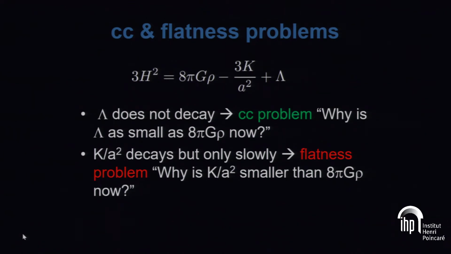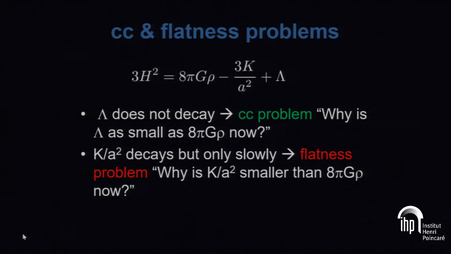Okay. If we can solve the cosmological constant problem, I mean, in the future, then the second most difficult problem is flatness problem. Because let's set this to be 0 for some reason. Okay. Then this curvature term decays like 1 over a squared, but other terms decay like 1 over a cubed, a to the 4.